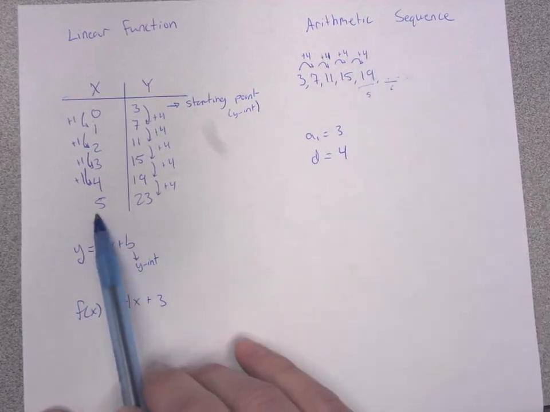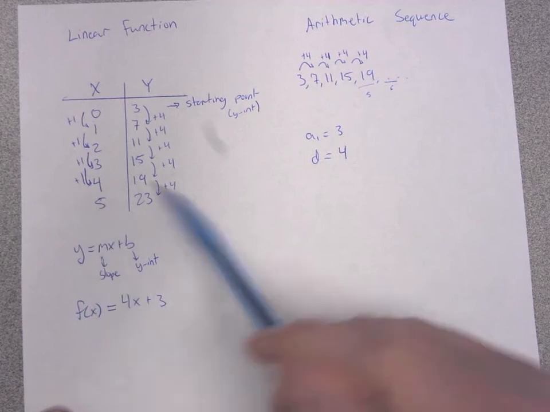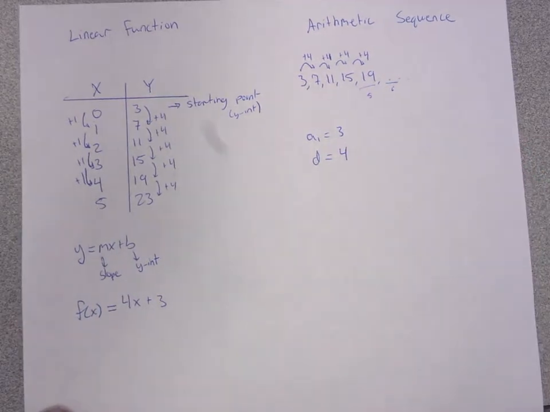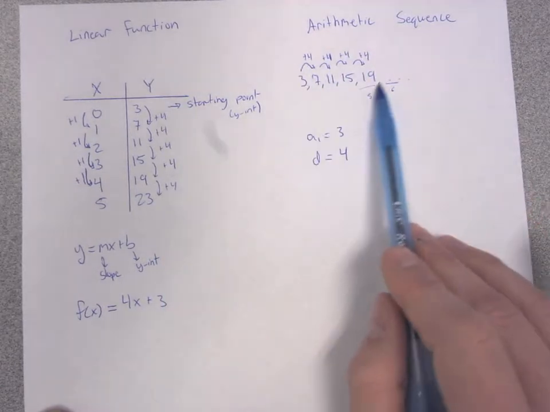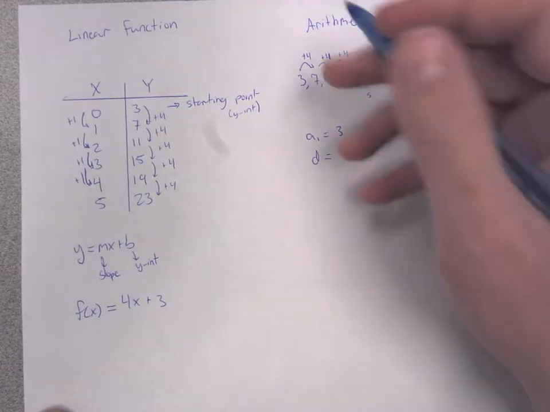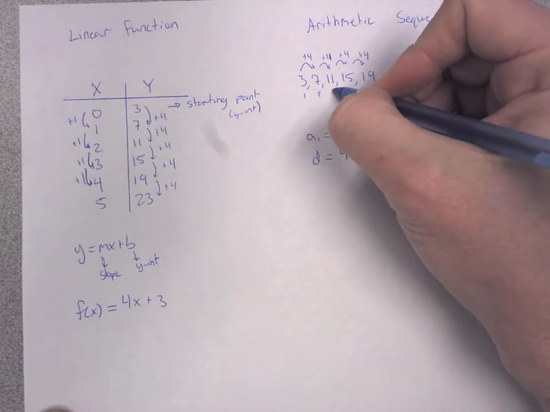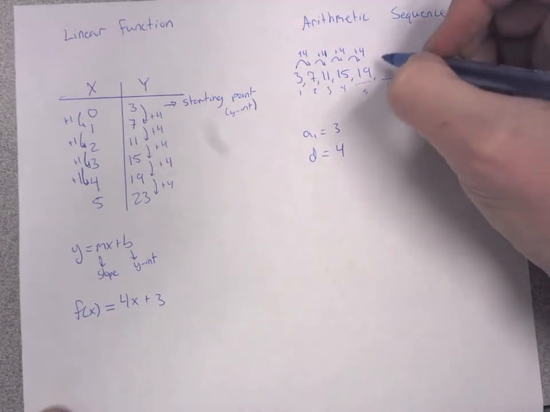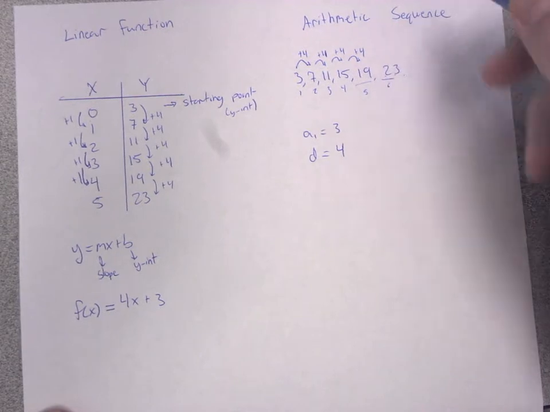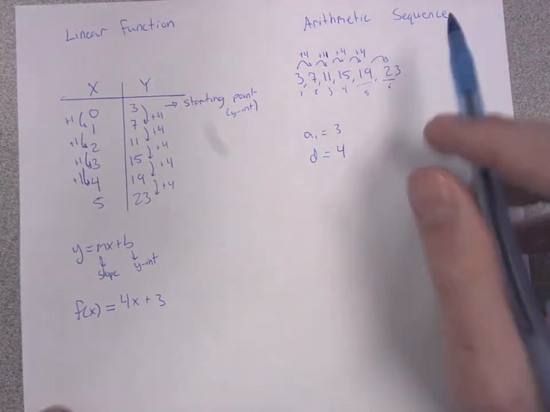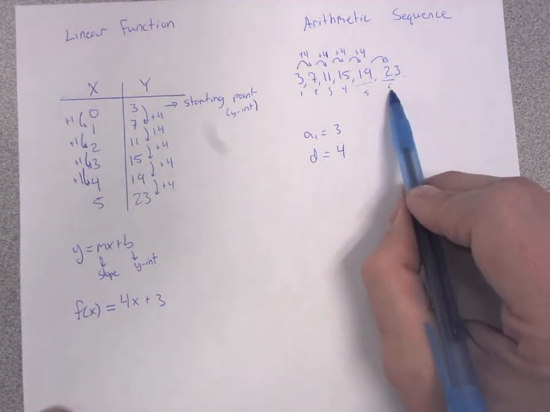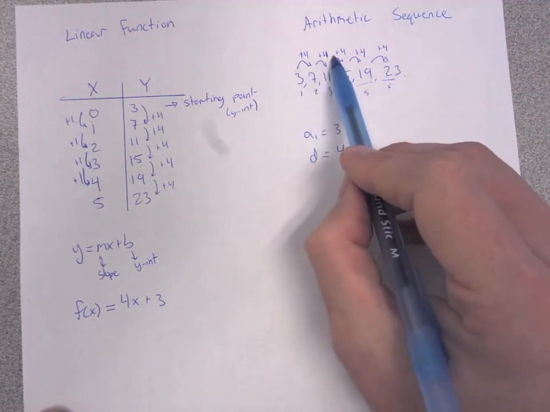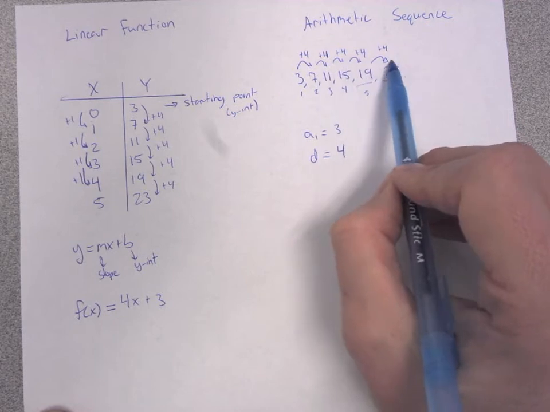But over here in the table, when x is equal to 5, you've added 4 1, 2, 3, 4, 5 times. So the number of times you've added 4 over here is 1 less than the term number you're after. Okay, so let's look at step 6. This will be 23, right? When you're at term 6, you've added 4 1, 2, 3, 4, 5 times.